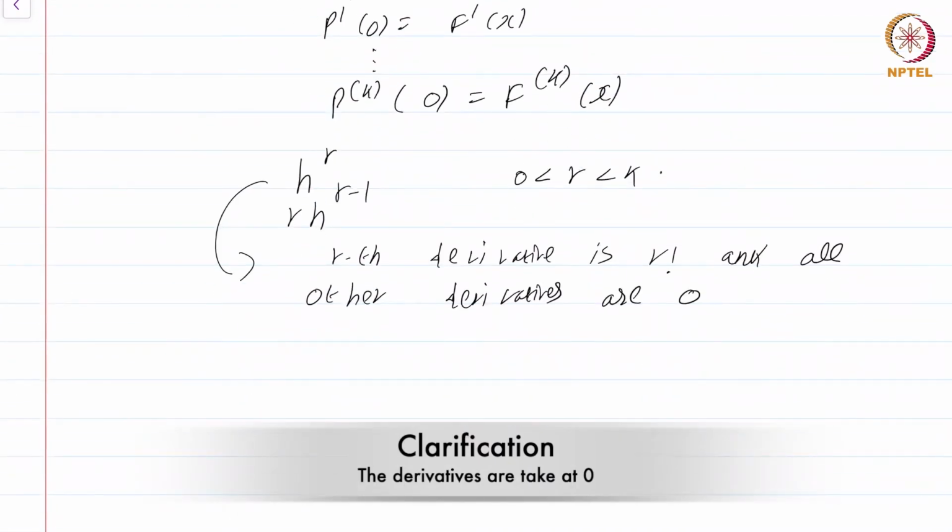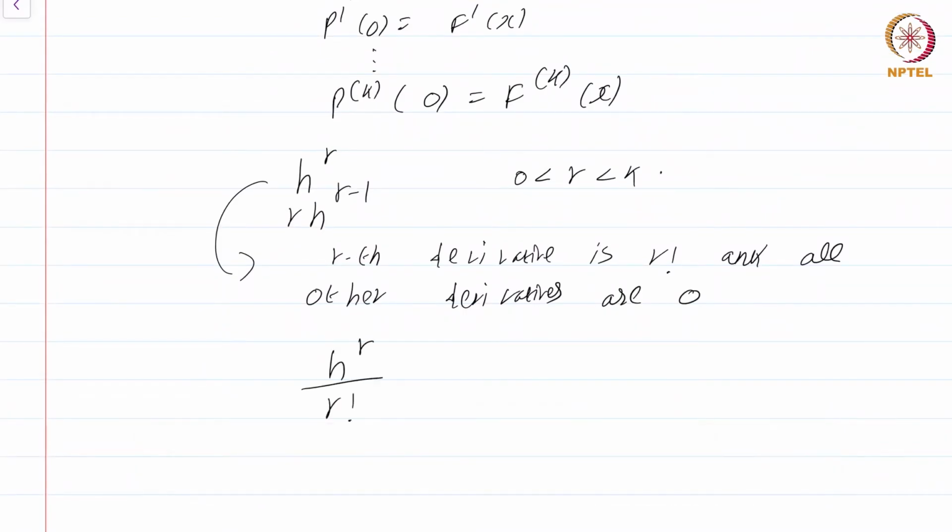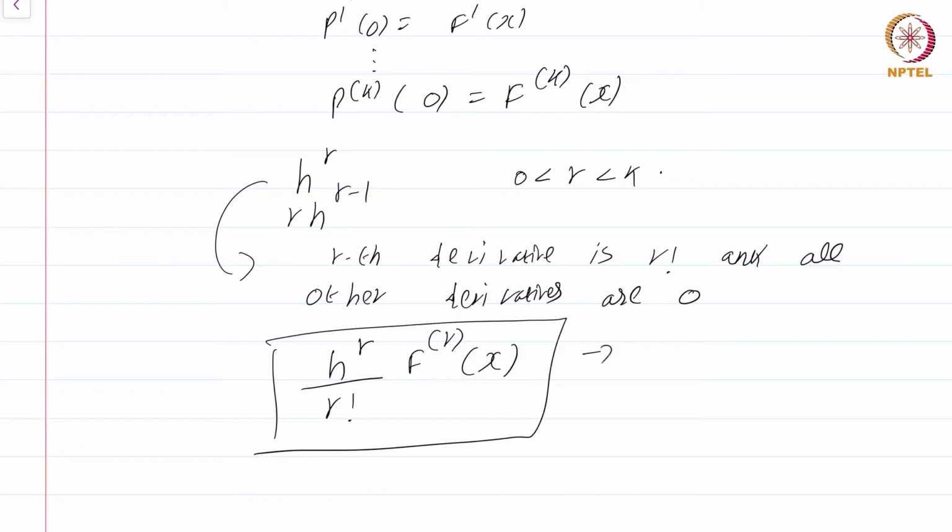So, if you consider h to the r by r factorial times the rth derivative at x, if you look at this term and differentiate r times, we get f r of x, right? Because the rth derivative of h to the r would be nothing but r factorial, which will get cancelled with the r factorial in the denominator, and you are left with f r of x.